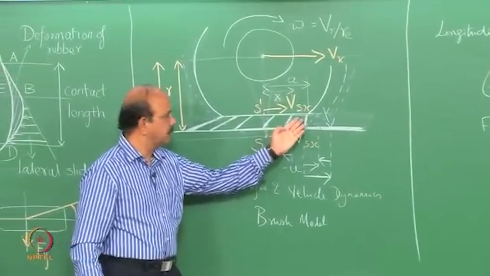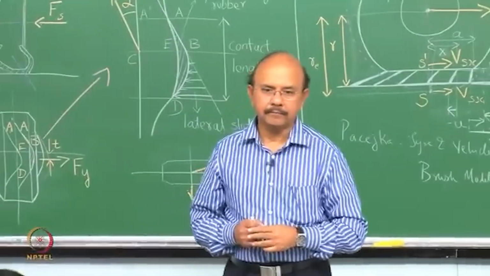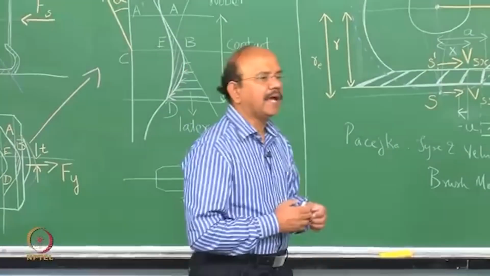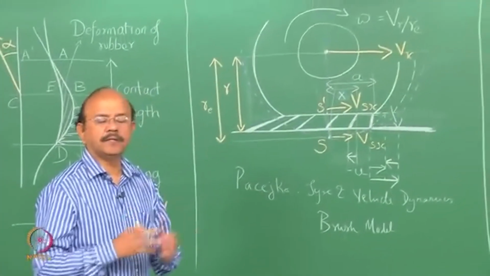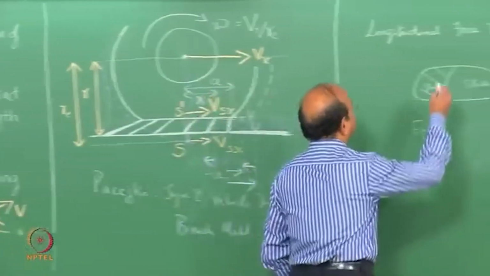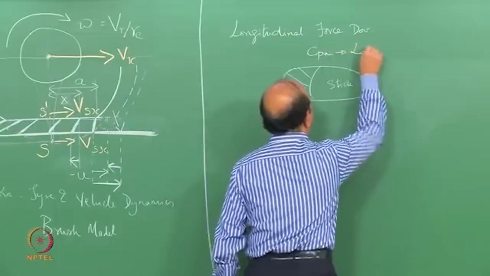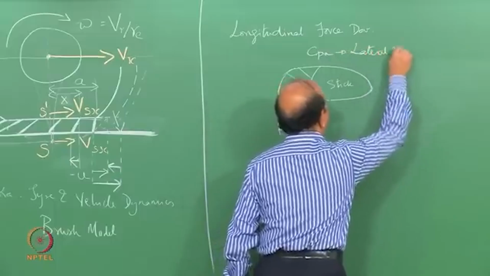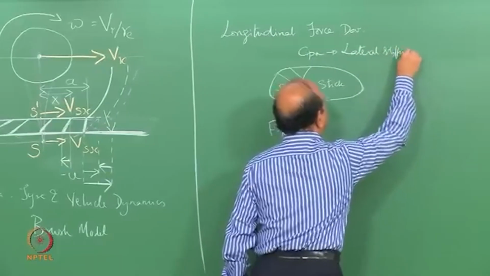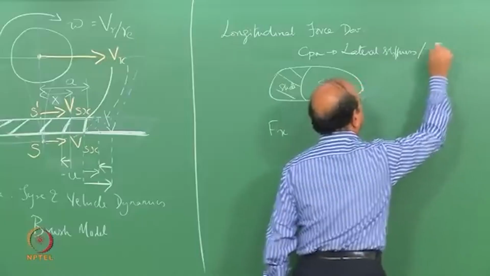These are the bristles, which are sticking out, for example, from the carcass of the tire, and they have a stiffness, let us say lateral stiffness per unit length, which we would call Cpx, the lateral stiffness per mm or unit length.